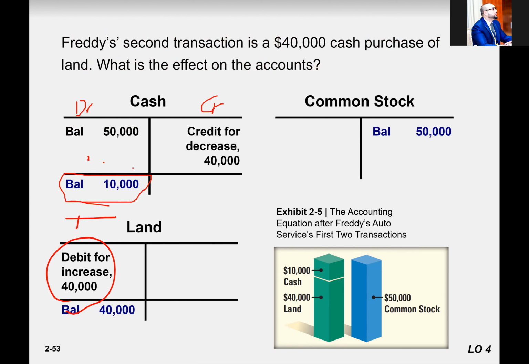You see 40,000 here and 50,000 here, so the difference is 10,000. Whichever side is greater, we write the balance over there. The debit side is greater, so we write the balance on the debit side here. This is how we write down the balance. This is not the sum. Remember, this is not the sum.